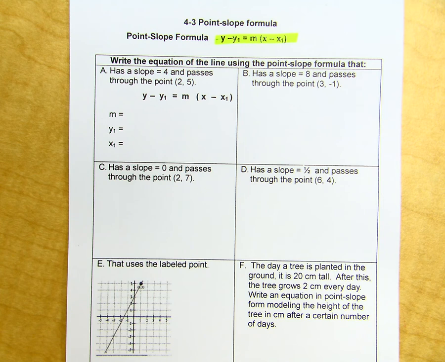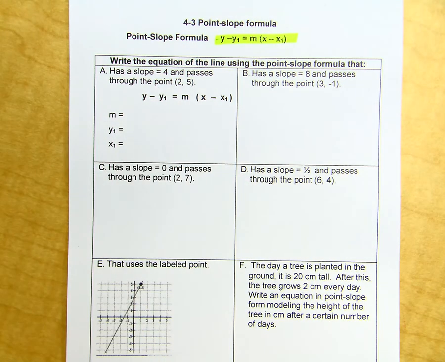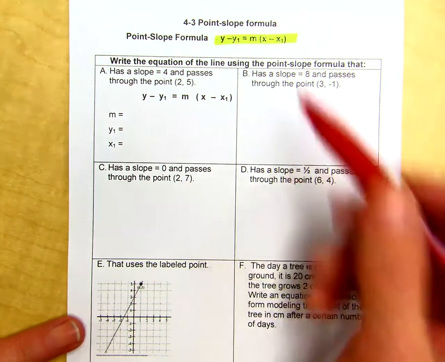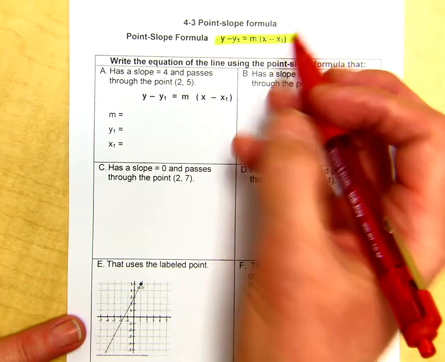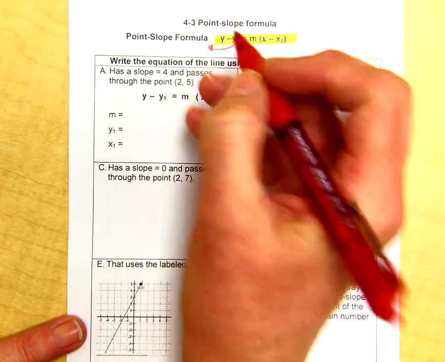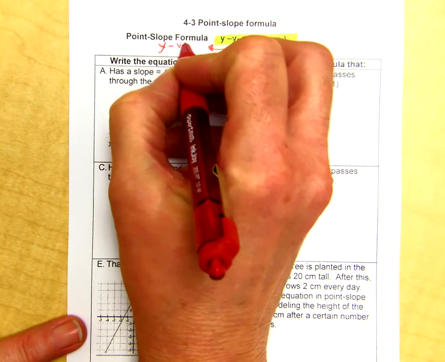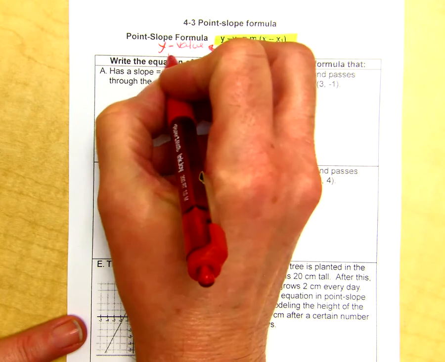For these examples, we will be writing the equation of the line using the point-slope formula that in the first example has a slope equal to 4 and passes through the point 2, 5. Well, let's identify what these pieces of information mean. First off, up here at the top, the y sub 1, this is going to be the y value of the point.